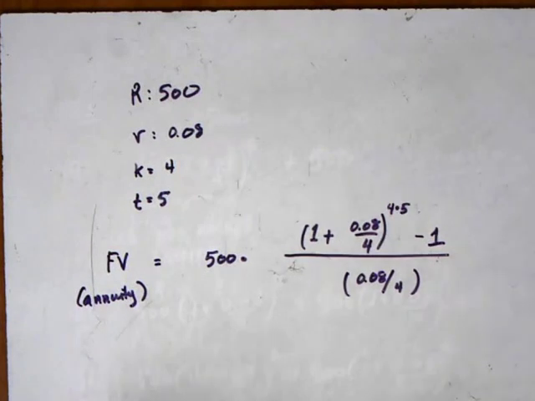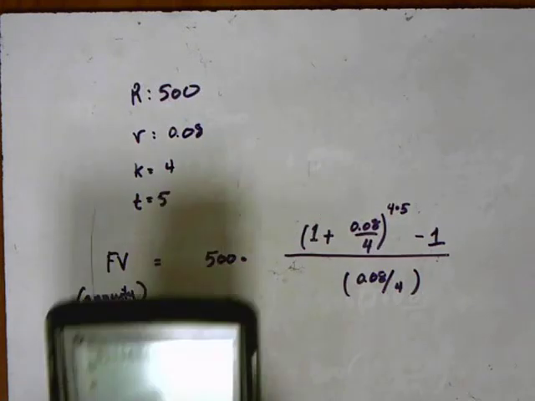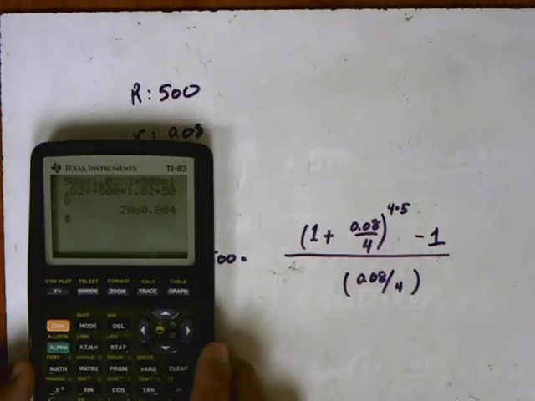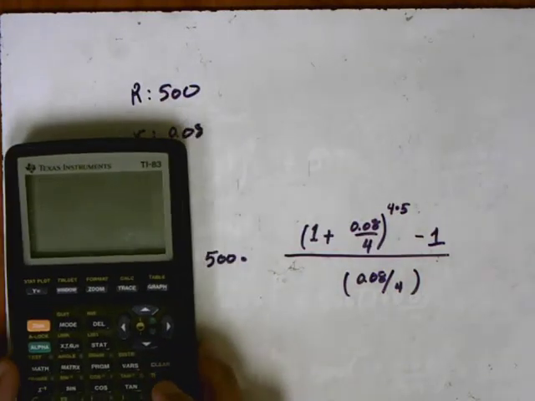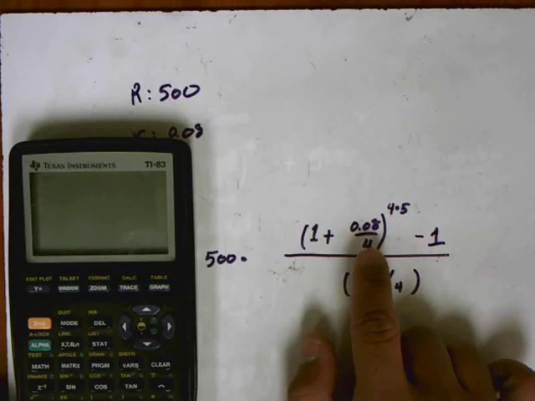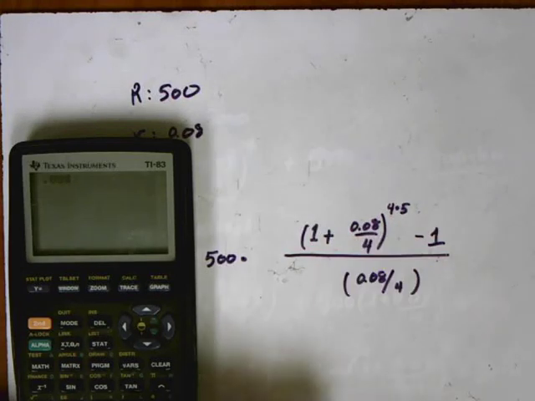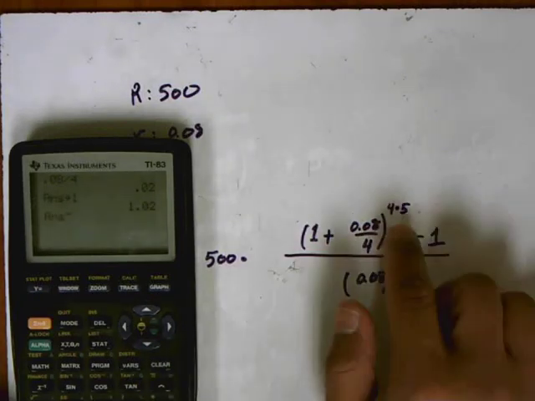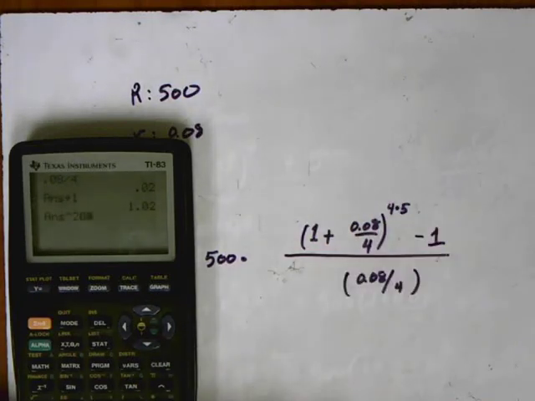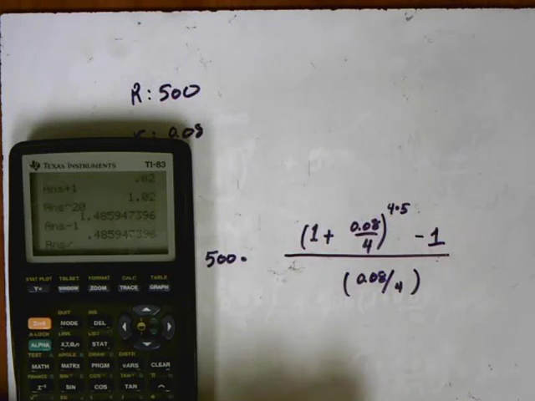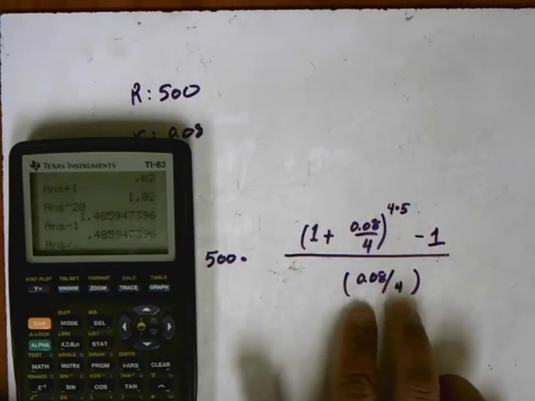This equation seems simple, and it really is. You just have to be very careful when we type this into our calculator, so I'm going to go really nice and slow with this. I'm going to start with the innermost part of the parentheses: 0.08 divided by 4 plus 1, raised to the 4 times 5, or to the 20th, minus 1, divided by 0.08 divided by 4.